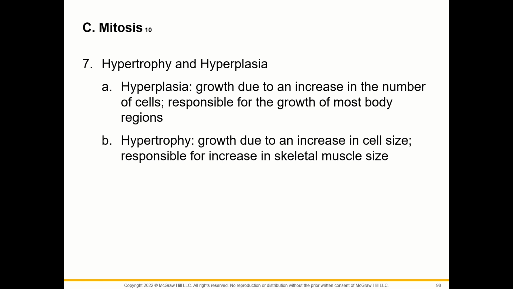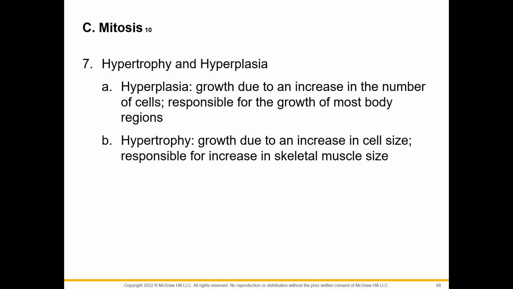Hyperplasia is growth due to an increase in the number of cells, and it is responsible for the growth of most body regions. Hypertrophy is the growth due to an increase in cell size, and it's responsible for an increase in skeletal muscle size. Well, that's cool. Before, we've never really distinguished between the two. We just always called it hypertrophy. But hyperplasia, that makes sense. That's the increase in number of cells.